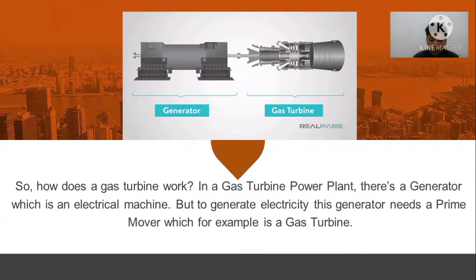In a gas turbine power plant, there is a generator which is an electrical machine, but to generate electricity, this generator needs a prime mover, which, for example, is a gas turbine. In all power generating stations except solar power generating station employ alternator to generate electrical energy.